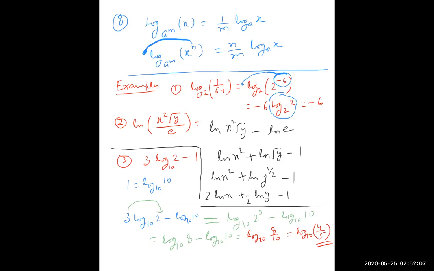Now see some more questions I am taking. I think now you must have written it. Next property, a very important property, is A raised to power log B C is equal to C raised to power log B A. This is a very important property, note down this.